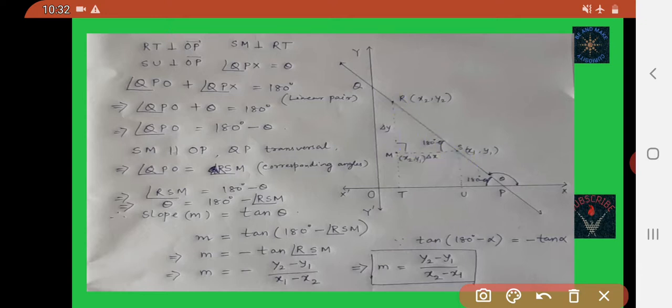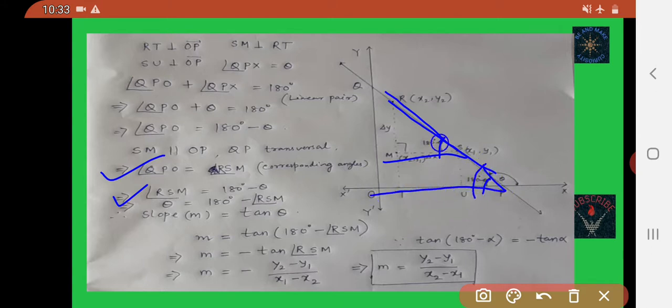This angle is equal to this angle because they are corresponding angles. So angle RSM is equal to angle QPO.